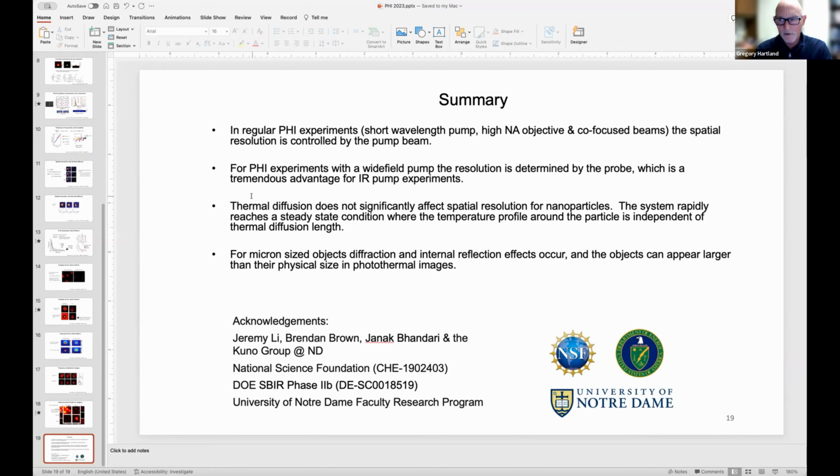I think what you want is a calculation of the scattering cross section, and it would be even better to do what Frank and also David Masiello have done, which is to then couple that into a transmission of the probe. Okay. So I think we could do that. We just simulated the refractive index changes, which are, of course, localized in the particle. I think what we have to do is calculate the actual scattering cross section and how that changes. Yeah, correct.